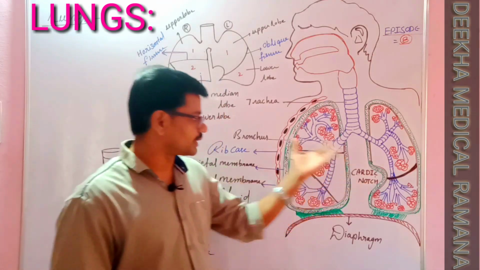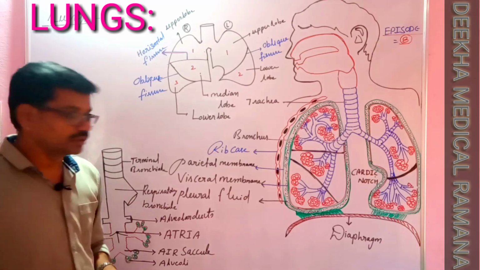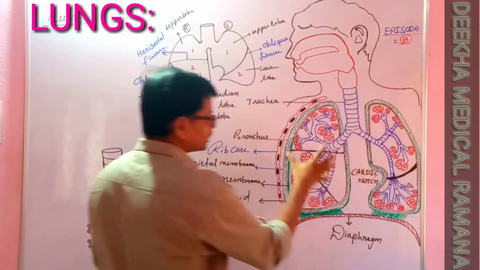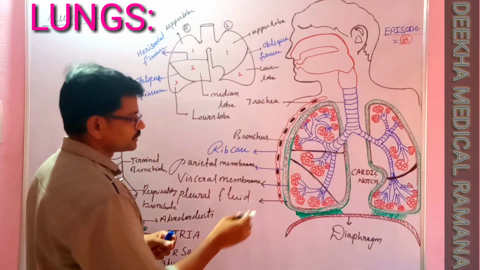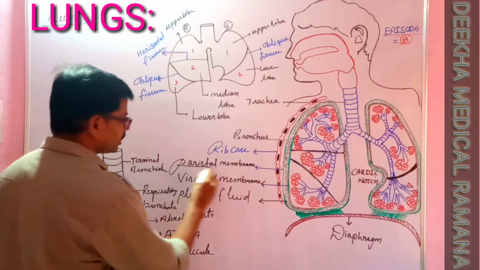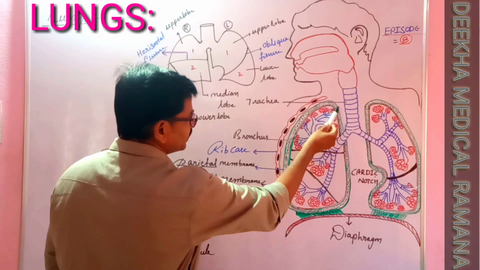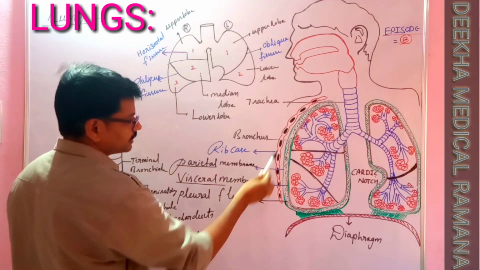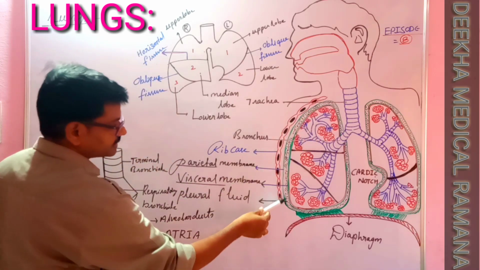Let me explain the structure of the lungs. Both lungs are covered by special membranes called pleural membranes. These are the outer pleural membrane and the inner pleural membrane. The membrane which surrounds the outer side of the lungs is very close to the thoracic lining.